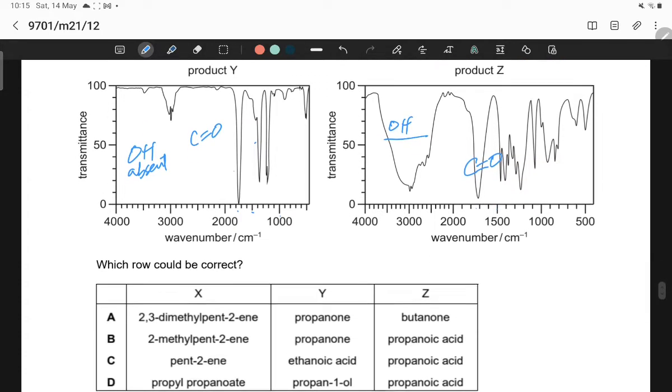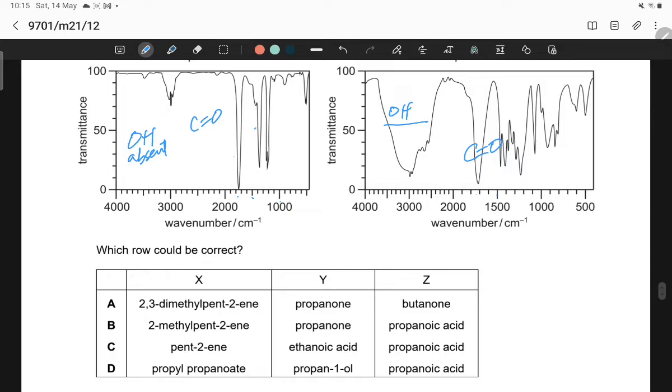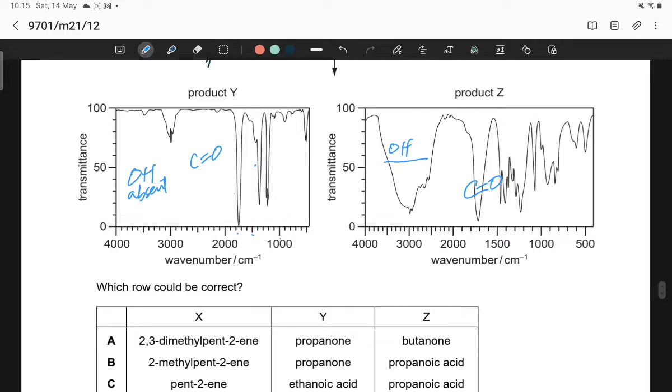Y can be propanone, but what about 2,3-dimethyl pentene?